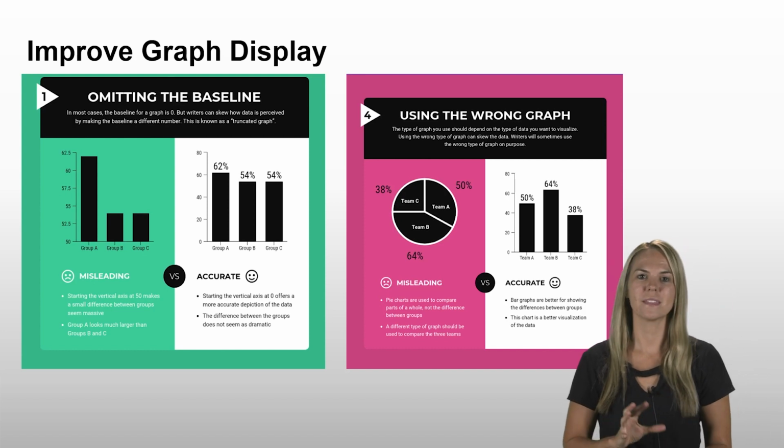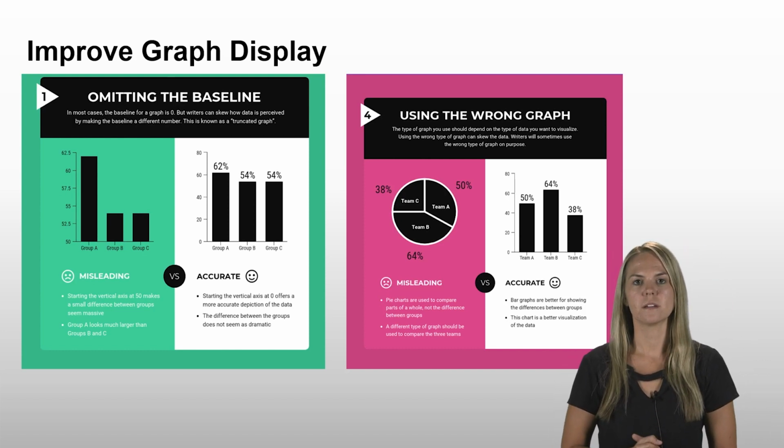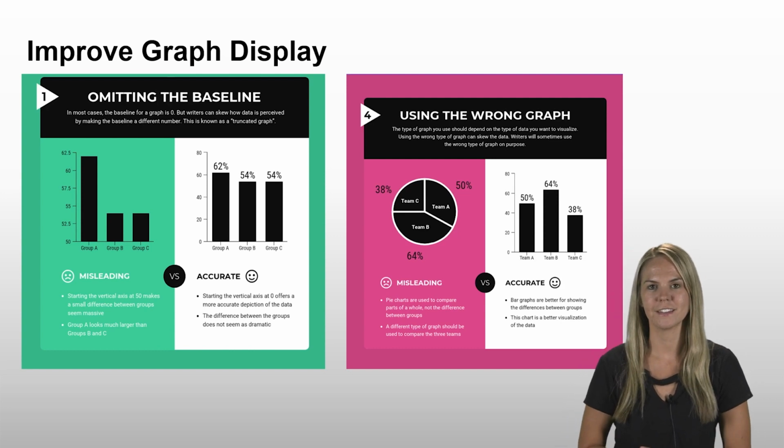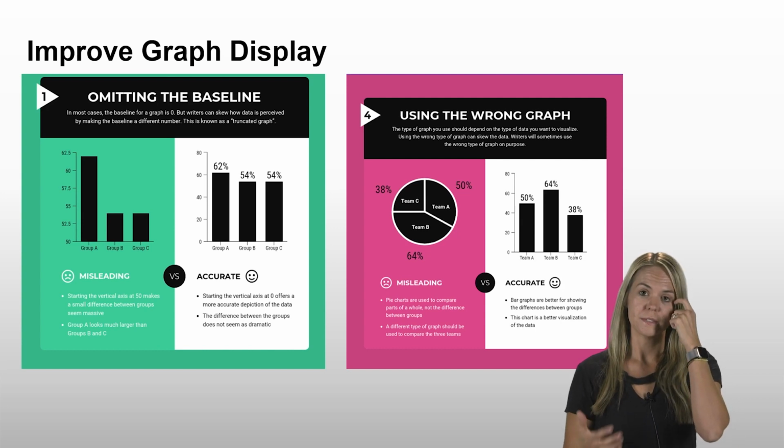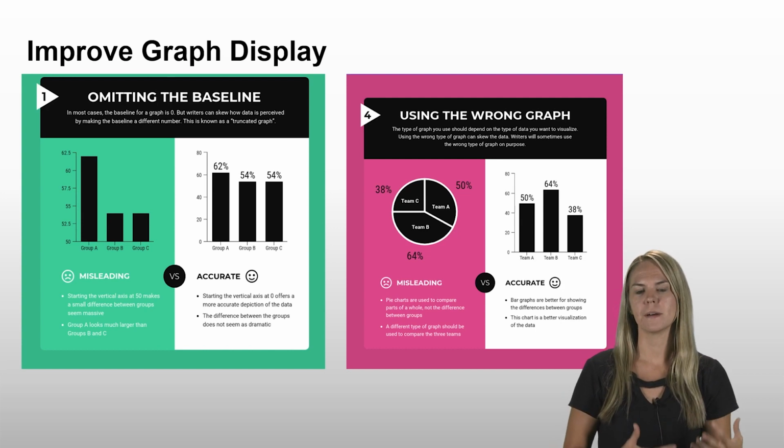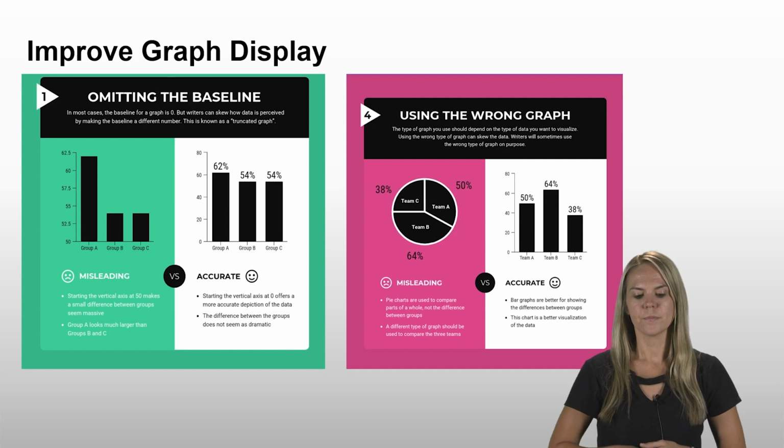When we just said the manipulation of our data, this was just a quick search online. You can see how people manipulate data when they're trying to mislead you in an article or change your mind on a certain topic. And two of the bigger ones, there were 5 on this website that I found, but one of them is omitting the baseline.